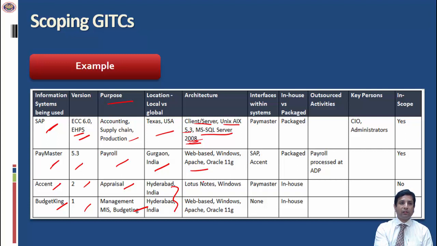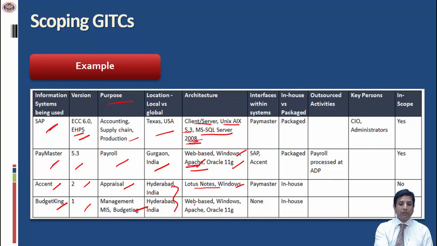Since it is a web-based application, there is a web server also, apart from an operating system and a database, involved in this application. Coming to Ascent, we see it is a Lotus Notes based system running on the Windows platform. Lotus Notes is a workflow system or an office automation system that is used across the world.